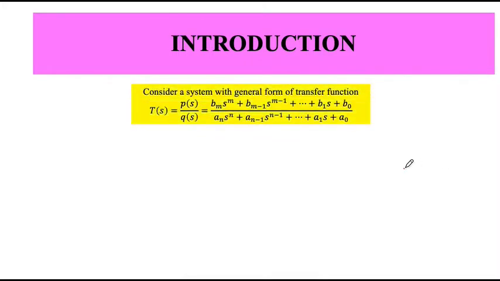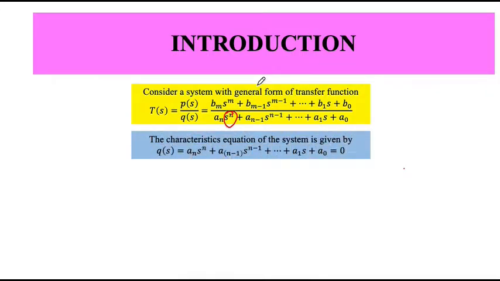So we are again interested in transfer function analysis, where I have a numerator polynomial of order m and n is my denominator order. n is typically greater than or equal to m, right? And then the characteristic equation, which is essentially the denominator equated to 0.